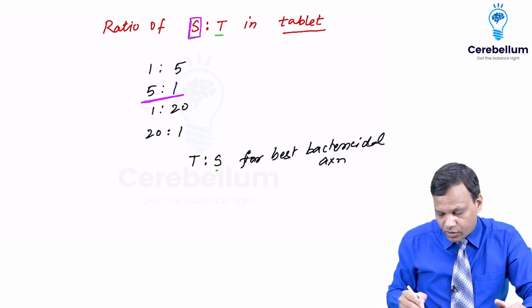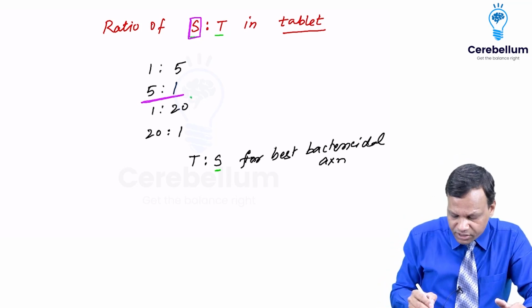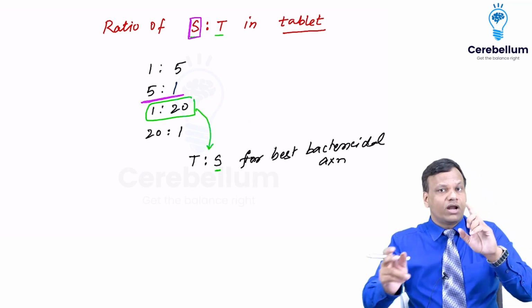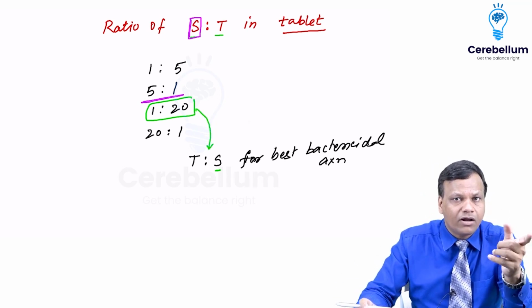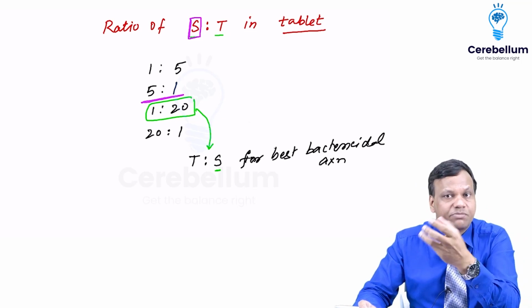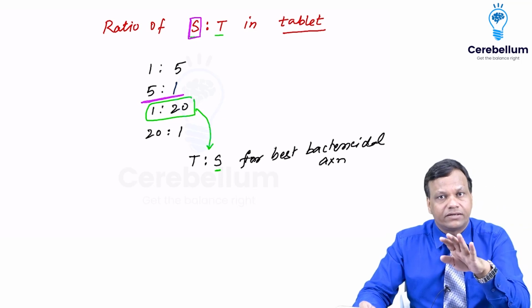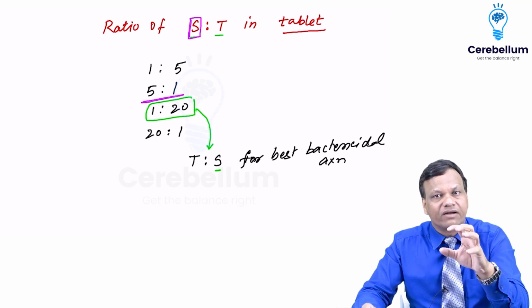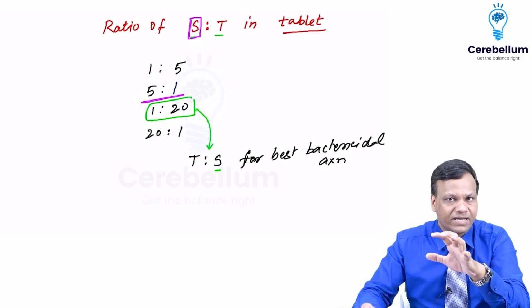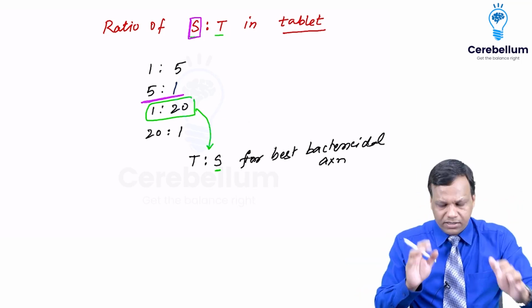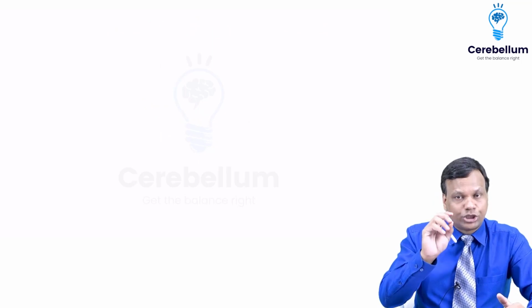But which one is 20? The 20 should be sulfamethoxazole, so it should be 1 is to 20 here. Okay? So read carefully two things. One, whether they are asking about the tablet or the blood. That means the best ratio. Second, whether S is written in front or behind. Wherever S is written, that will be bigger: 5 or 20 will be at that place. 5 in case of the tablet and 20 in case of the blood. So that is important about the ratio.